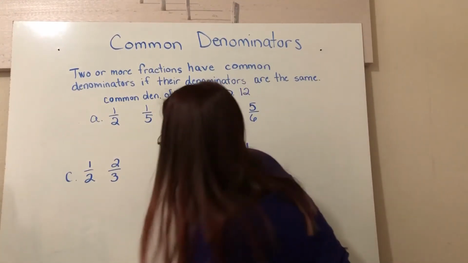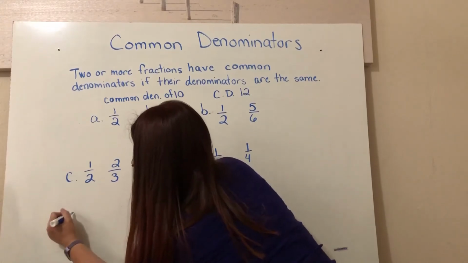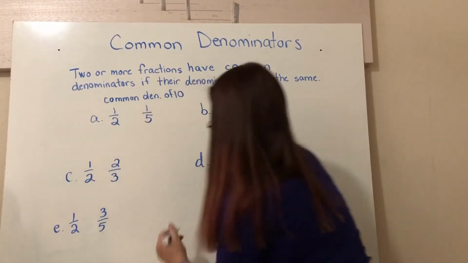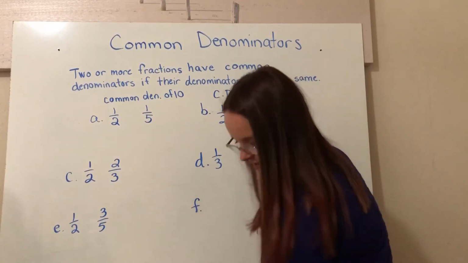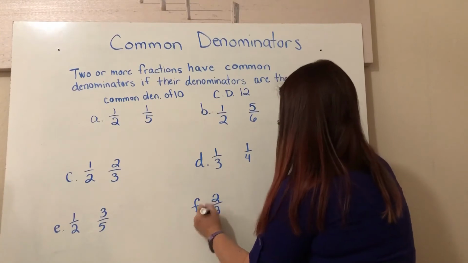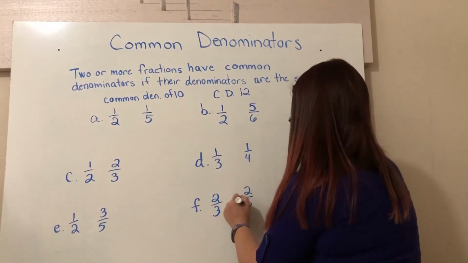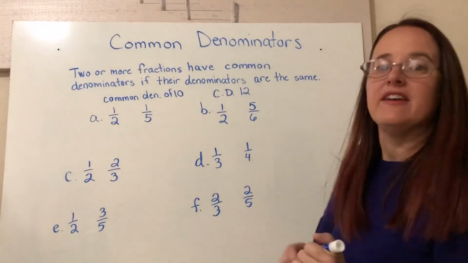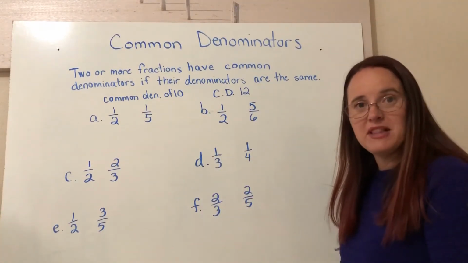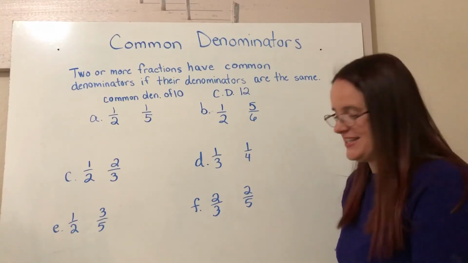For E, 1/2 and 3/5. And for F, 2/3 and 2/5. Okay, if you would like to pause the video now, you can give this a shot and then hit play and we'll go over all the answers together.